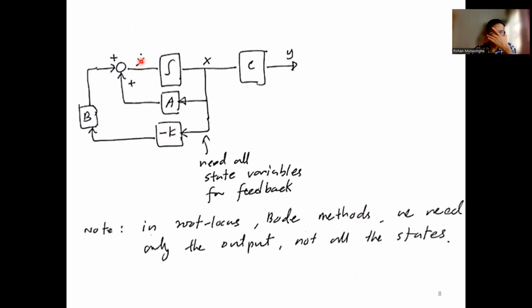This is our x dot. When you integrate x dot, it becomes x, the state variables. State variables multiply with system matrix A, and then state variables get multiplied with minus K. This is the feedback, and it goes through B, added together, and that is the x dot.